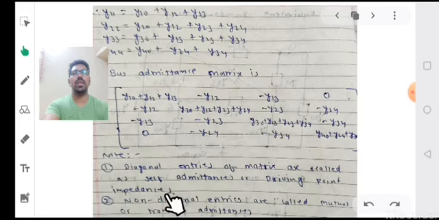The remaining, non-diagonal entries are called mutual or transfer admittances, because Y12 or Y13 is the admittance between node 1 and node 2, or node 1 and node 3. That's why it is called mutual or transfer admittance. Or a question may be asked: what is the bus admittance matrix for an n bus system? So here we have to show an n bus system.